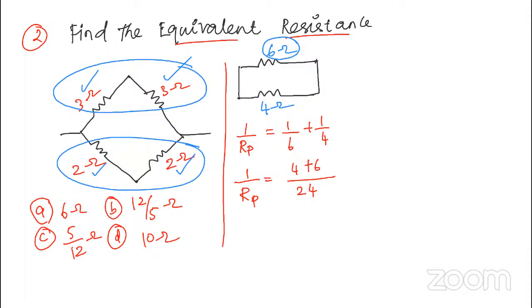Yes, it is option B or C. Check it once. In the formula we have 1 by RP, and you have to find the RP value.